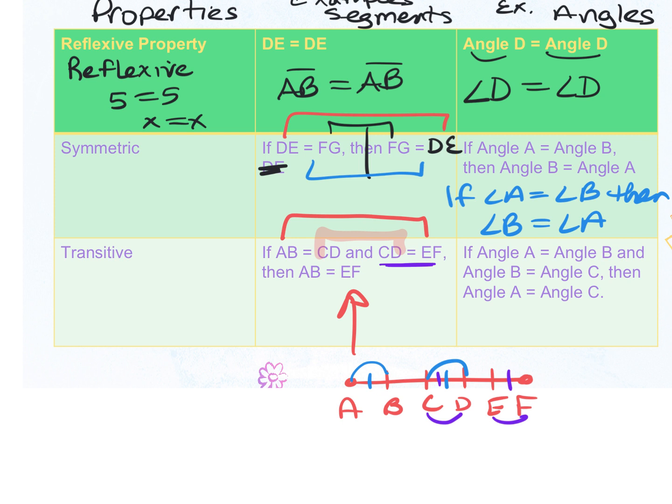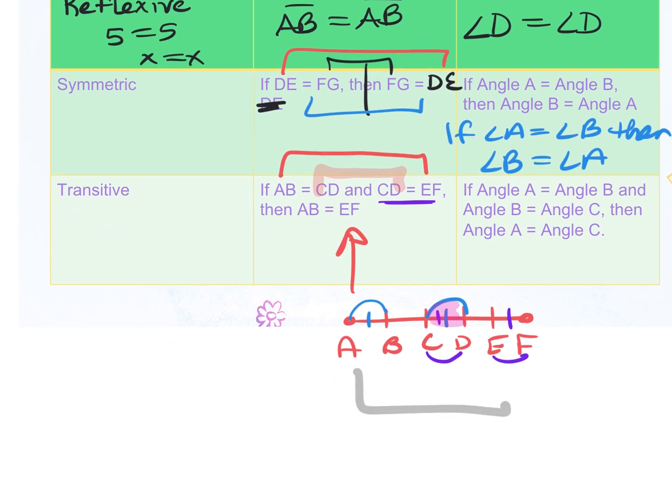But if you notice this little piece right here, I've got two of the same markings here. So right here, this is like the overlap. So then you can conclude, since they're both equal to CD, then that tells you that these two would also be equal. So AB equals EF.